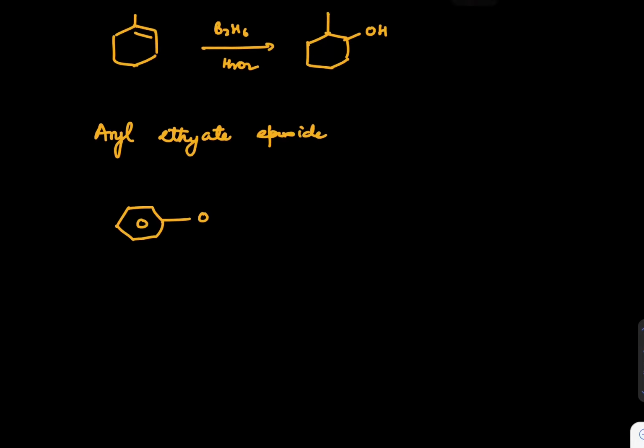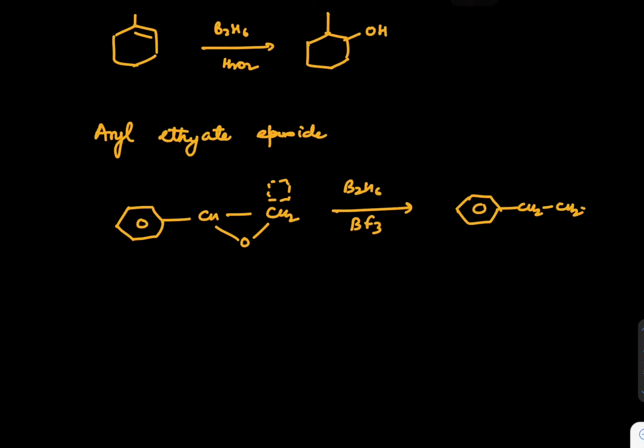Let's say we have CH here, and then we are reacting with B2H6 in presence of BF3, boron trifluoride, right? So in this case, what we can expect is where OH will join. You already know OH will join at this place. So what's the answer for this question? We can say it will be CH2, CH2 and OH.